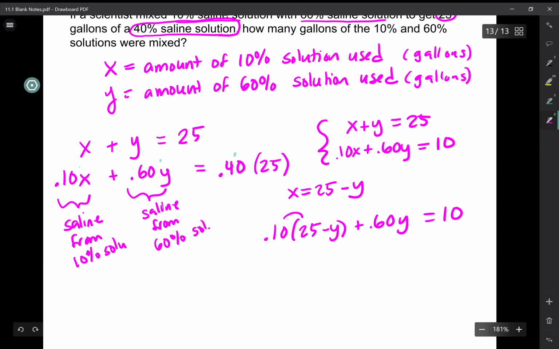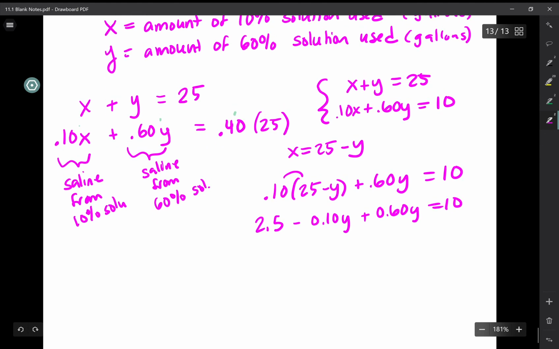Distribute. 0.10 of 25 is 2.5, minus 0.10Y plus 0.60Y equals 10. These are like terms: minus 0.1 plus 0.6 is 0.5.